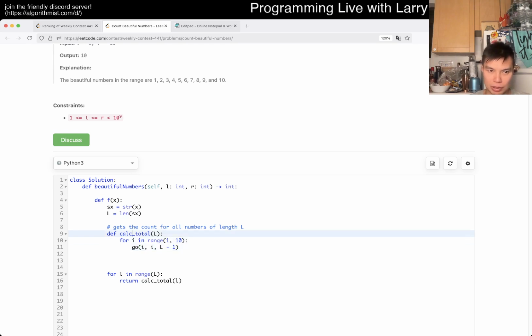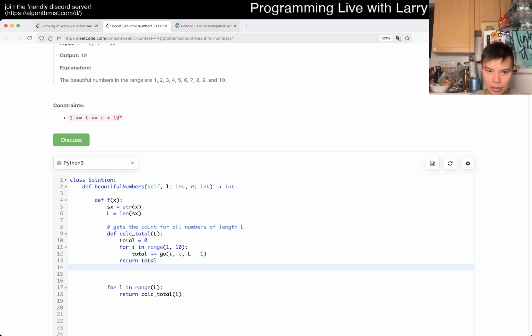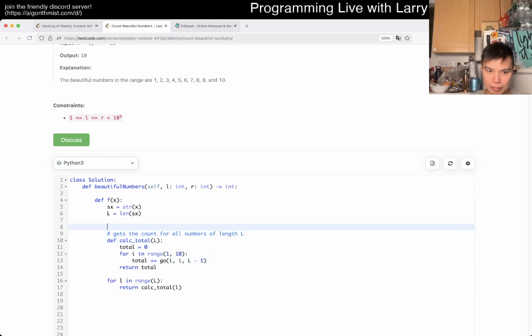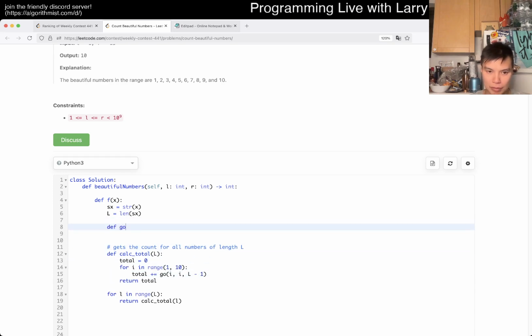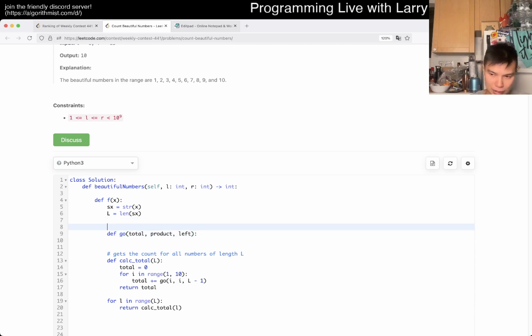So total is equal to 0. We add this, and then we return total, and we're good, right? And then we have the total, the product, and the number of digits left. This is complete.